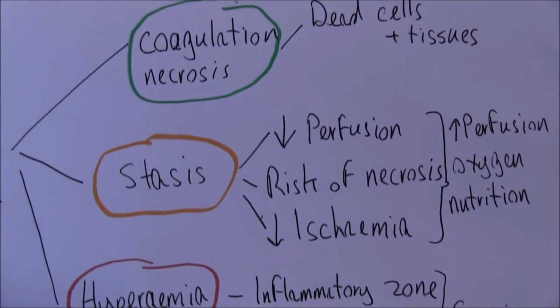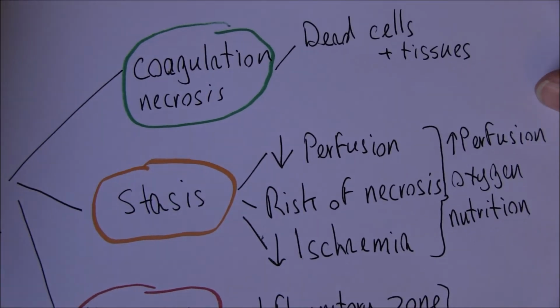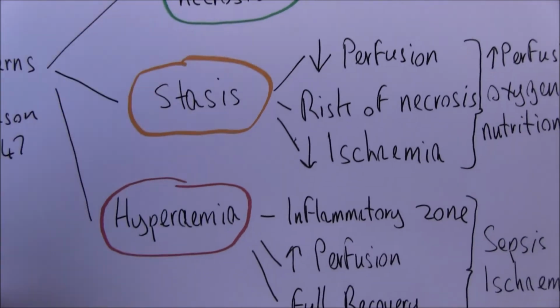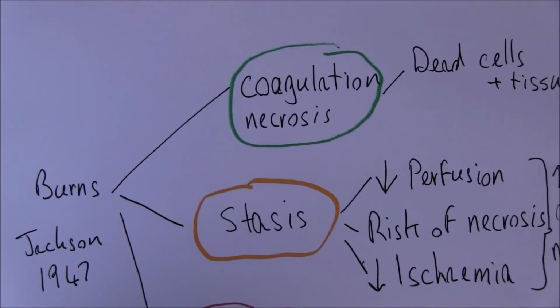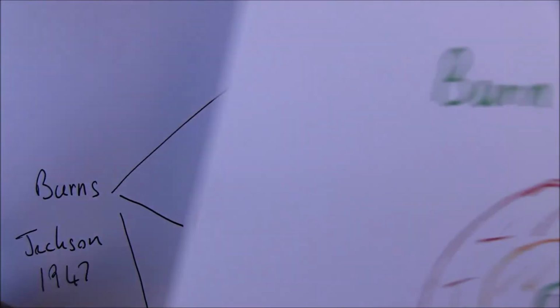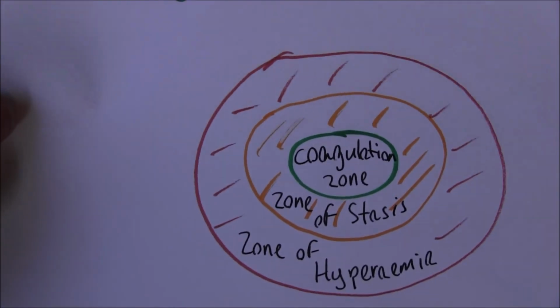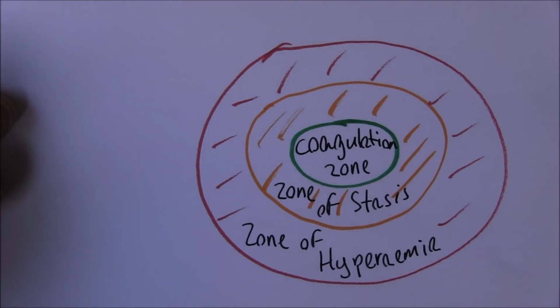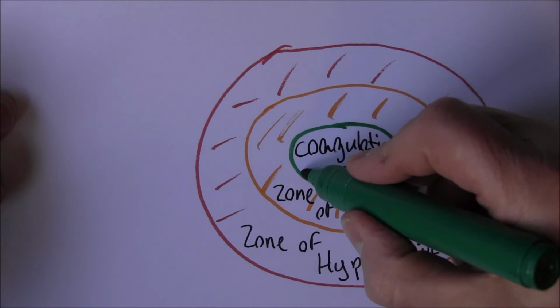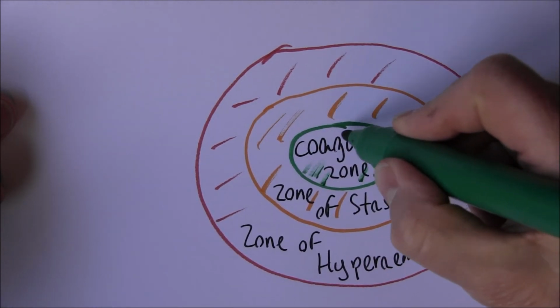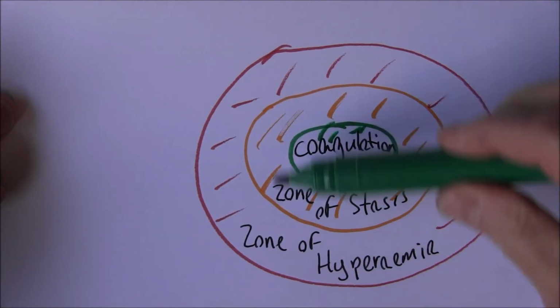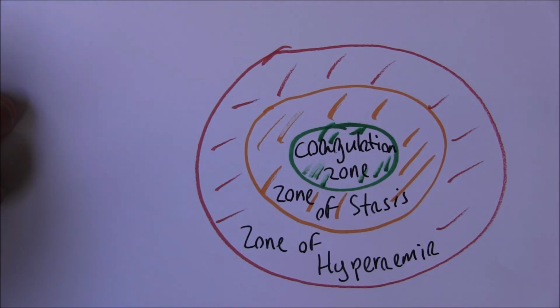So that's basically the Jackson model, the coagulation necrosis zone, the stasis zone and the hyperemia zone. And the reason it is so important is because although the coagulation zone is lost, we can't get that back, that's all dead. We can retain the integrity and the perfusion of the zone of stasis.